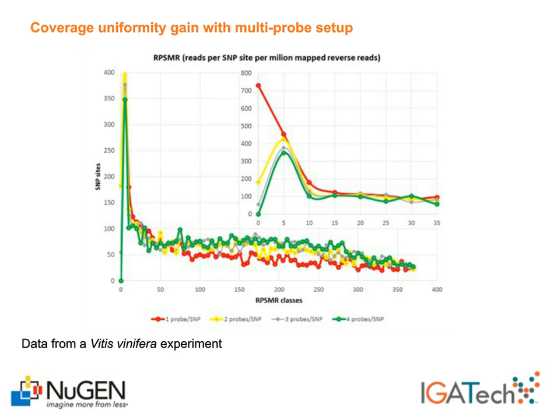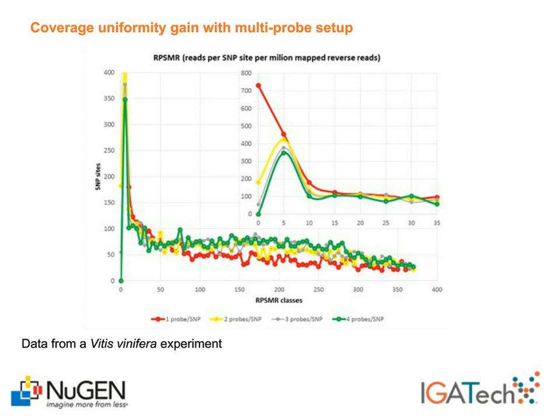To assess the ability to get a smoother coverage by using more than one probe per SNP site, we analyzed some data that we generated for another experiment in Vitis vinifera, where we made up to 4 probes per SNP site. In these plots, you can see how moving from 1 probe per SNP site to 2 probes per SNP site dramatically reduced the amount of zero coverage loci.